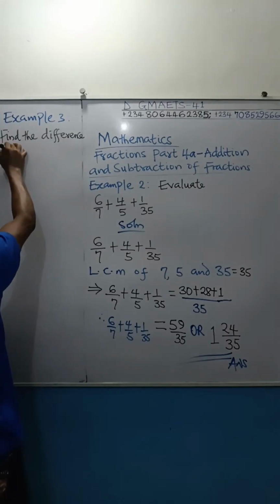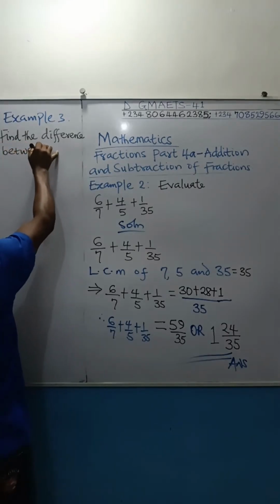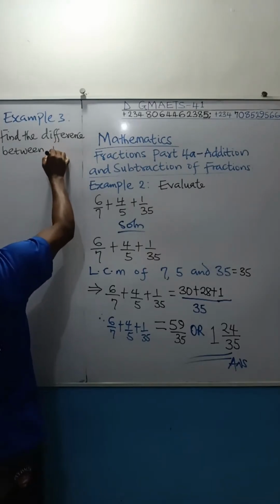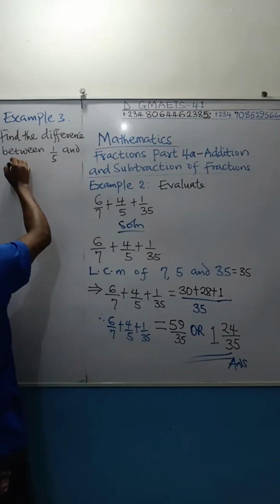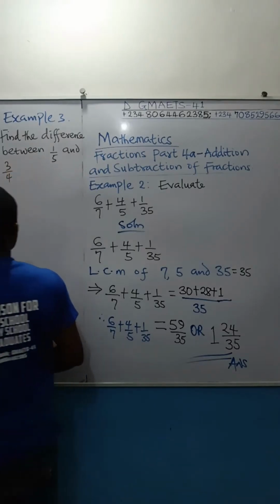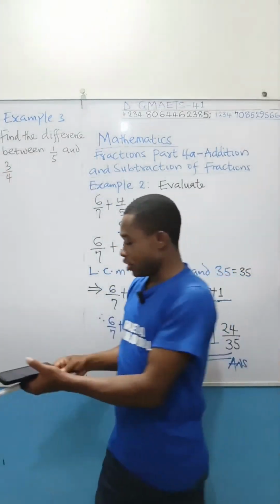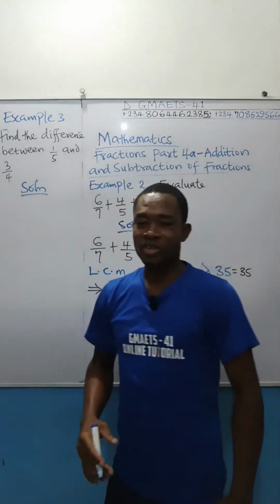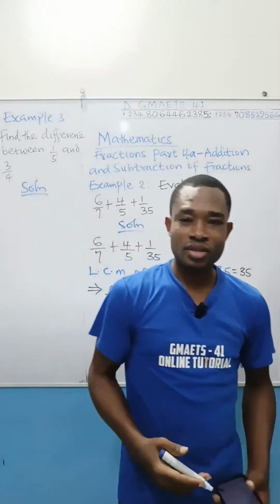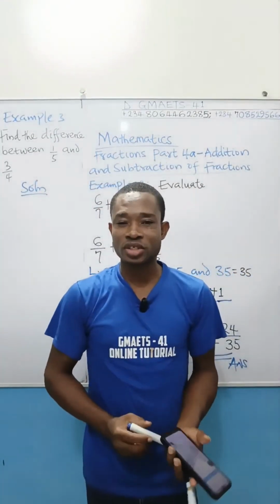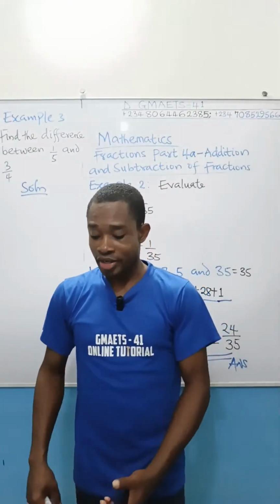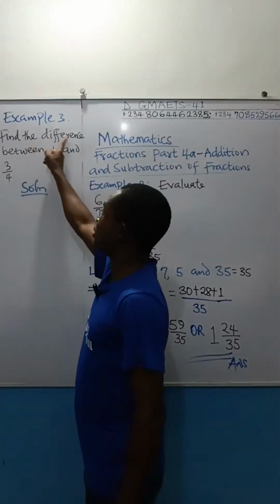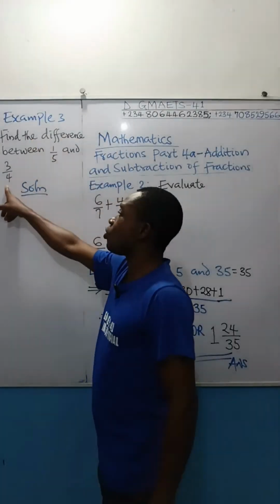Find the difference between 1/5 and 3/4. 1/5 and what? 3/4. Solution. If you hear difference in mathematics, the difference between numbers, the difference between things, it is subtraction in terms of basic arithmetic sign. So here we are asked to subtract. Find the difference between 1/5 and 3/4.